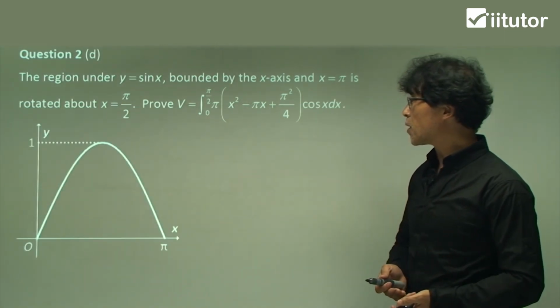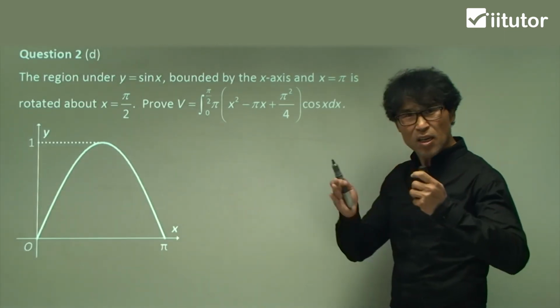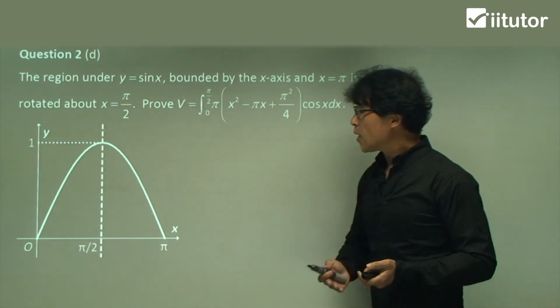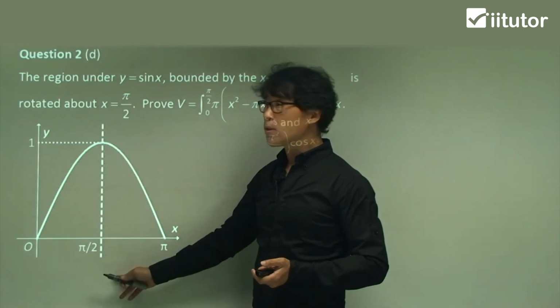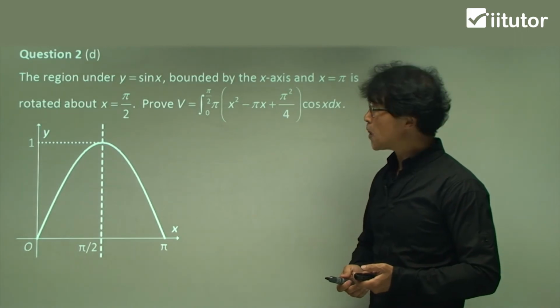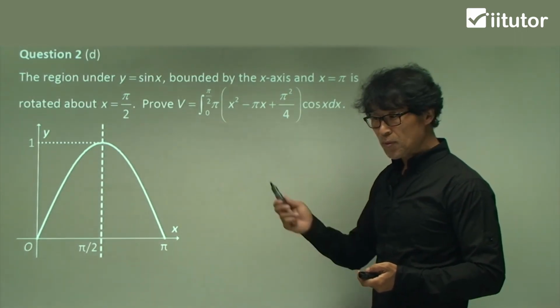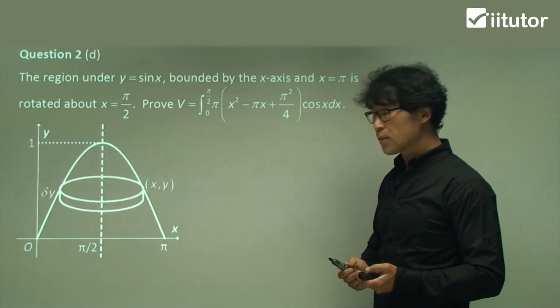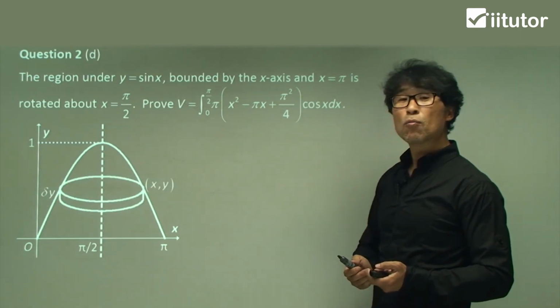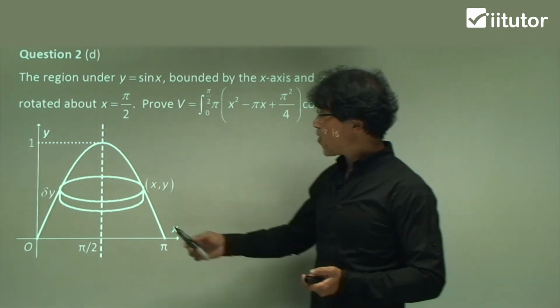Sketch the diagram. Sketch the diagram as accurately as possible. And then it rotates about x equals pi on 2, everyone. And then what's the next thing that you have to sketch? Yeah, the slice. You have to draw one good slice, and then the thickness.